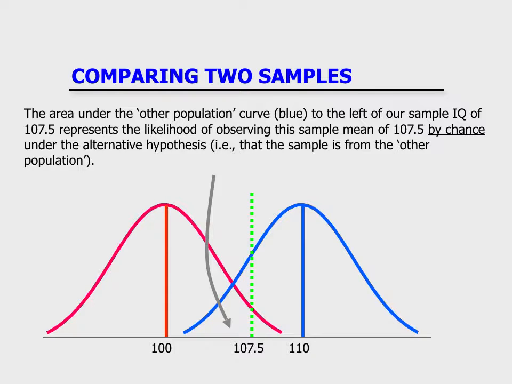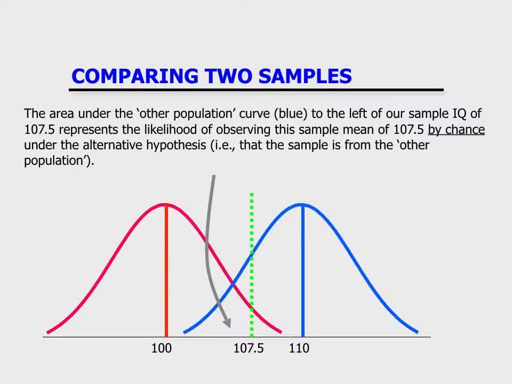And again, you should be able to see how the area under these curves kind of dictate the chances that the 107.5 is either statistically significant from 100 or statistically significant from 110. Again, you can definitely go over this presentation. There's a lot to digest here, but by looking at the areas under the curve, it should become clear how those are the components of this particular graphic that dictate the statistical significance.